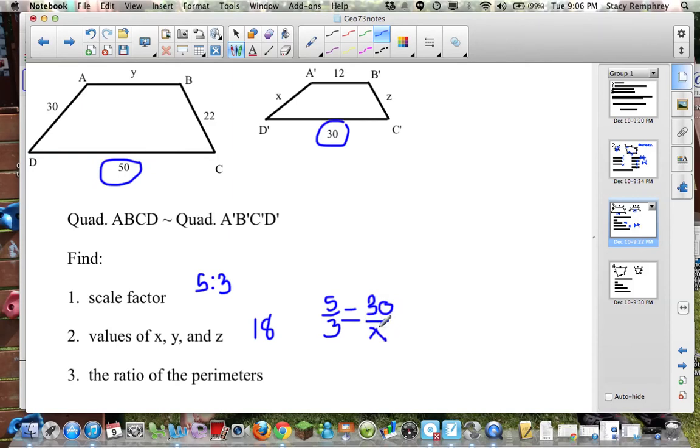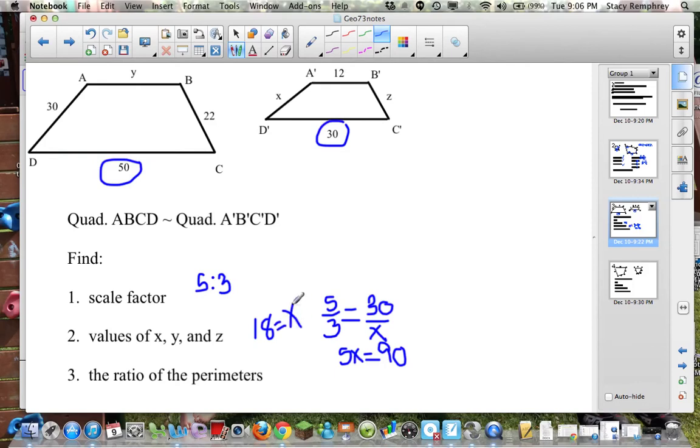When you cross multiply, you'll get 5x equals 90. And when you solve that, you'll get x equals 18. So that's my x.